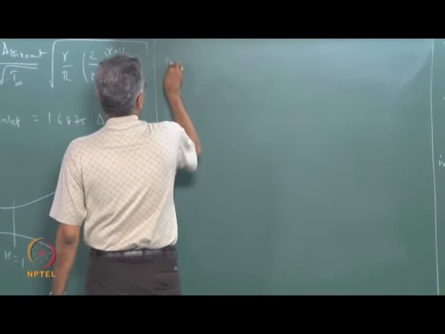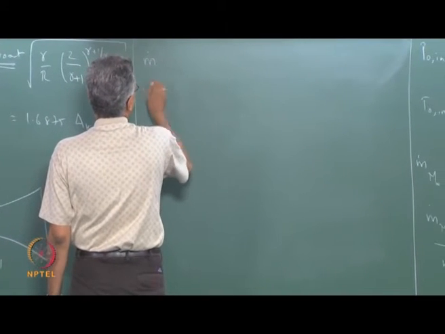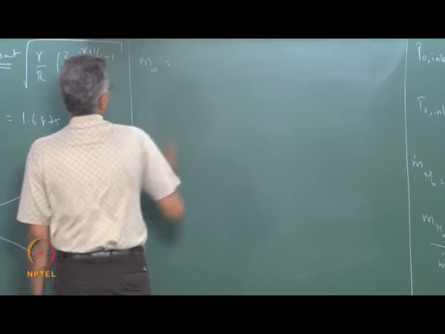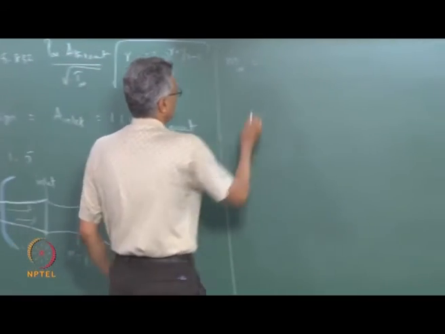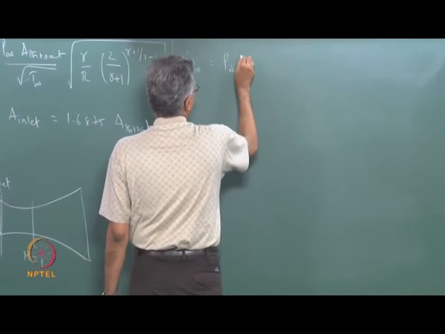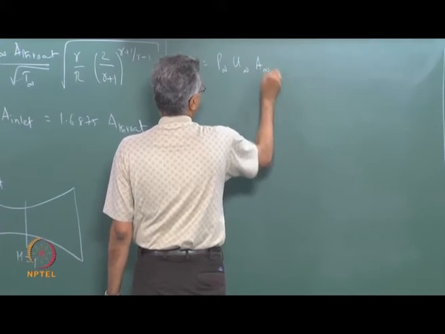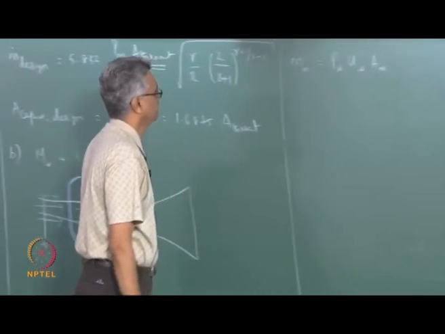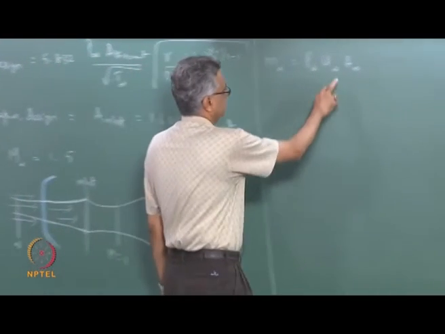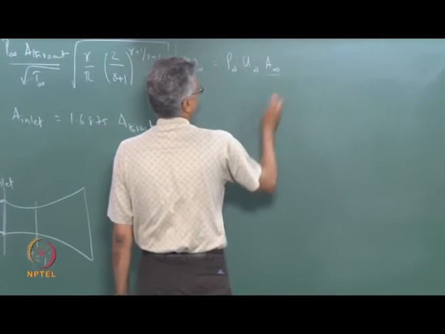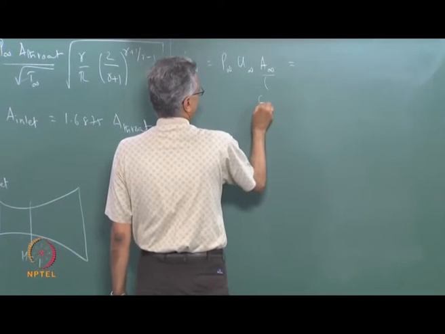So, we equate the mass flow rate. The mass flow rate that passes through the section labeled infinity is going to be nothing but rho infinity u infinity times A infinity, where A infinity is the capture area, right. So, this is the capture area that we are going to calculate.